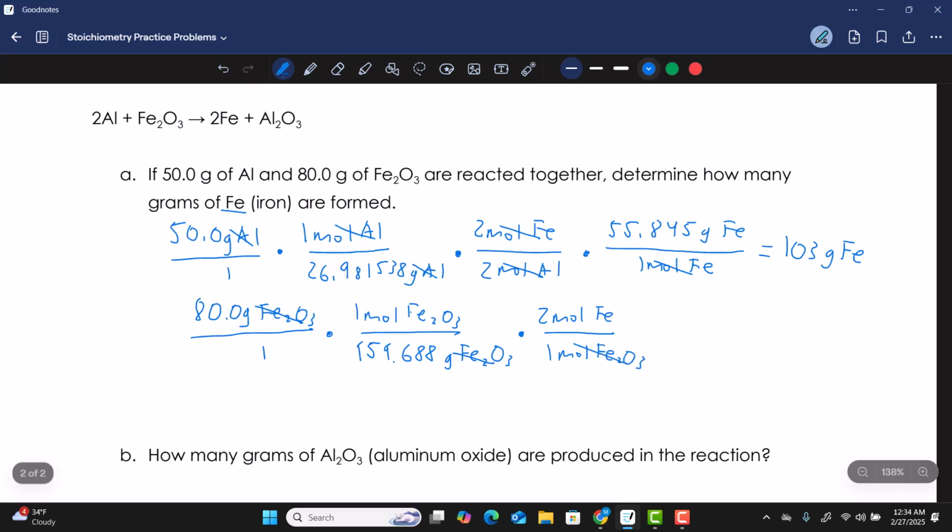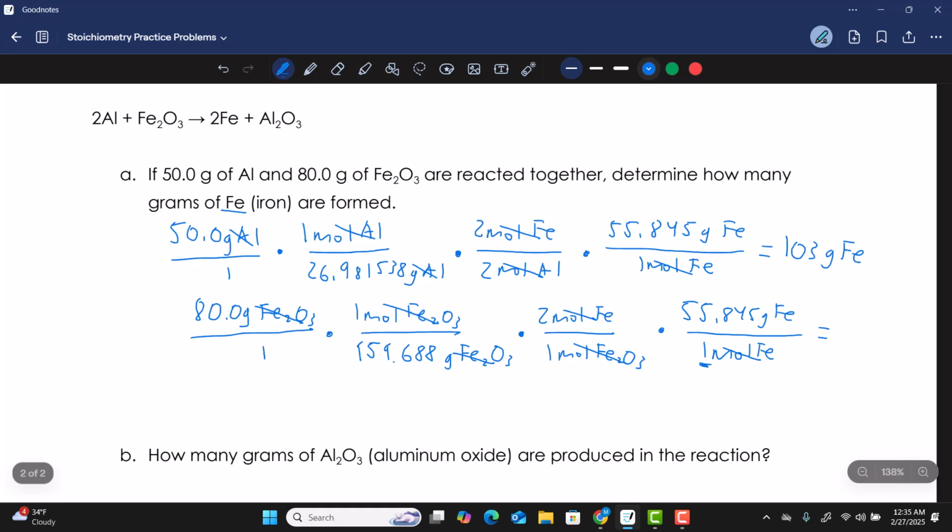And then we want the molar mass, which is 55.845 grams of Fe on the top, and 1 mole Fe on the bottom so that they can cancel out. This is always going to be 1 if it's with grams on the top or bottom.